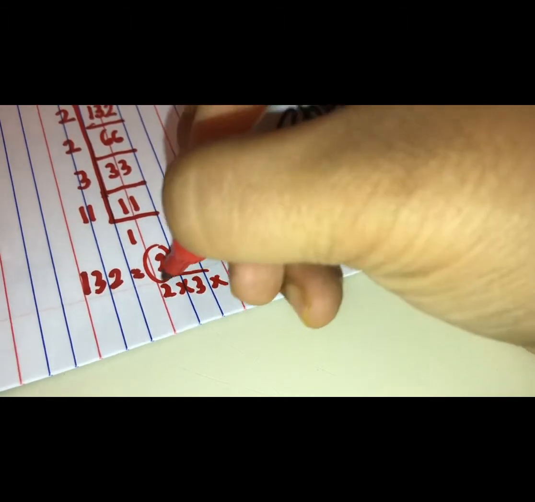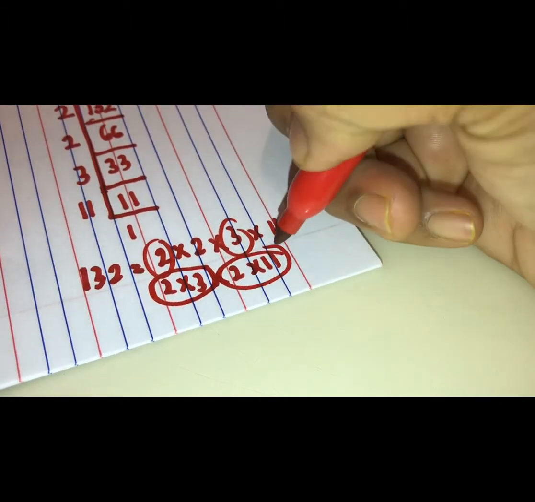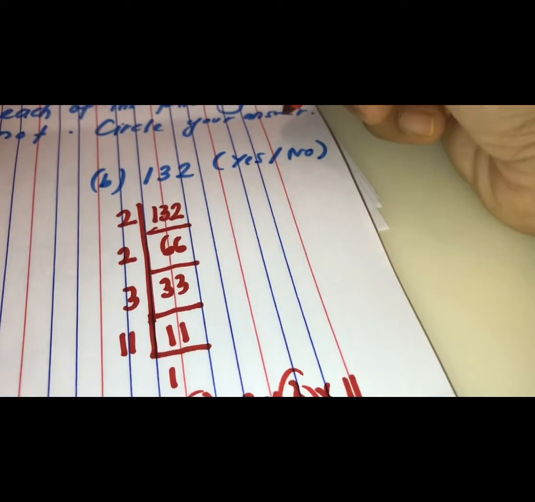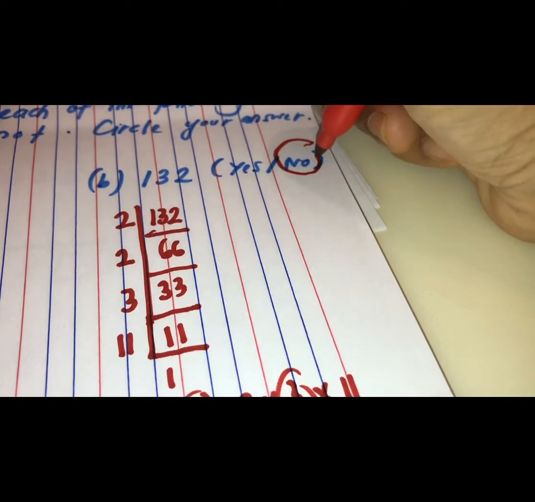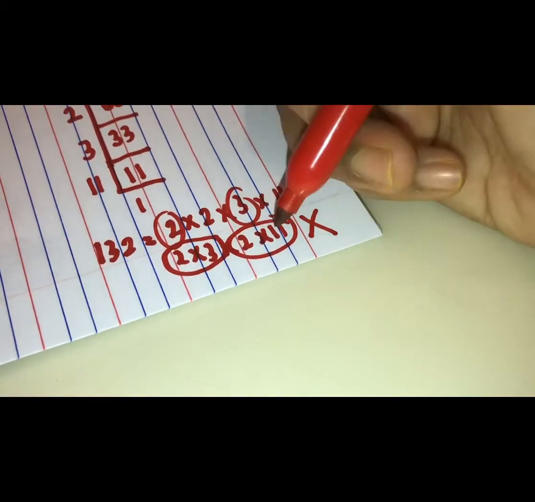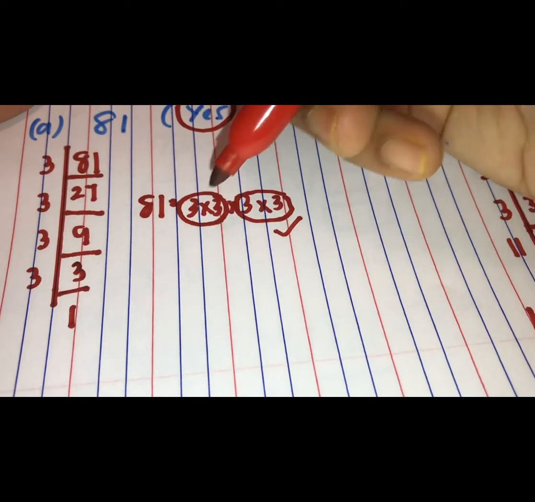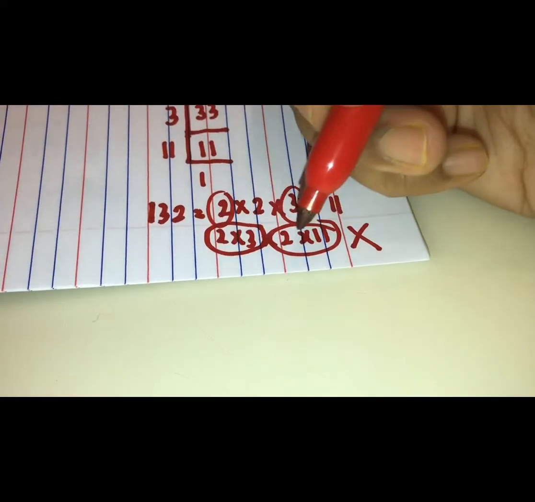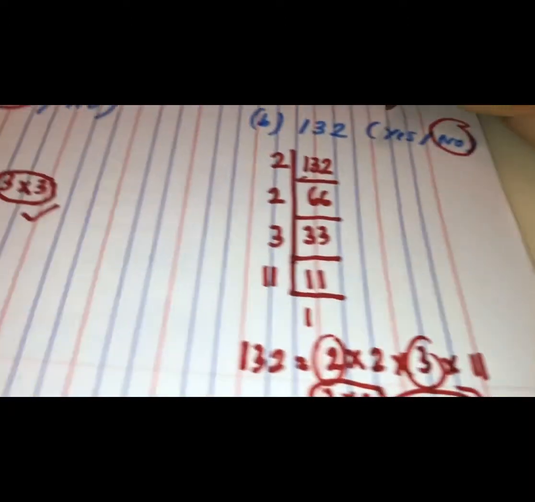Both are different values. So this one is not a perfect square. So the answer here is no, because you cannot group into two same groups. Like question A, you can group into the same group, 3, 3, 3 and 3, right? But this one, 2, 3, 2, 11, different. So here the answer is no.